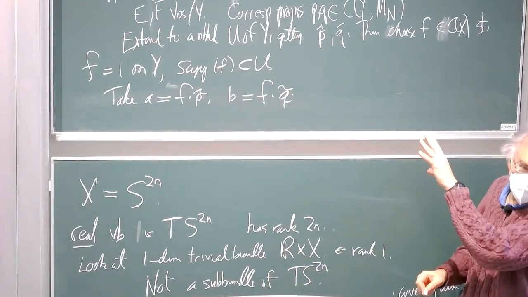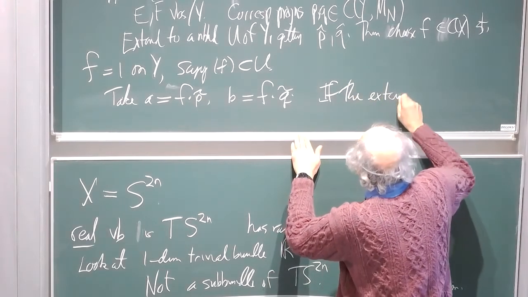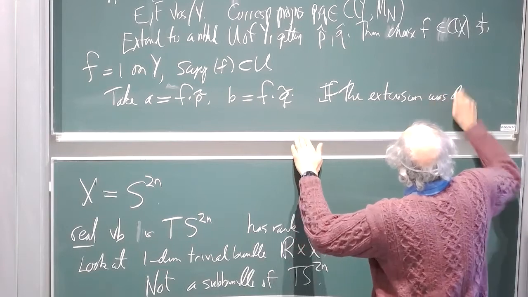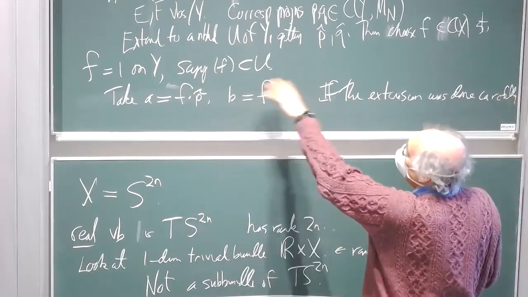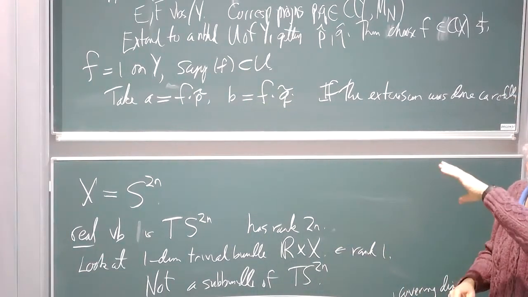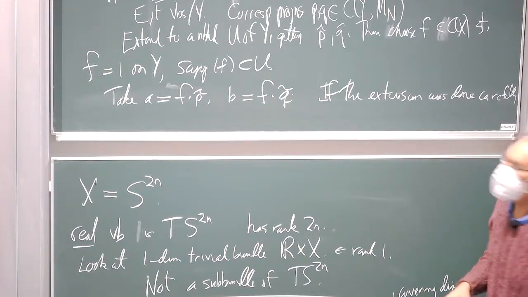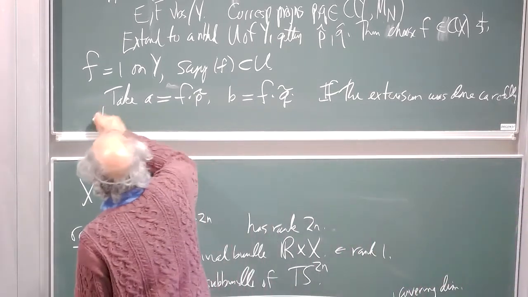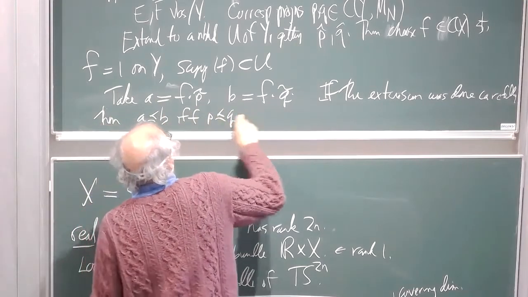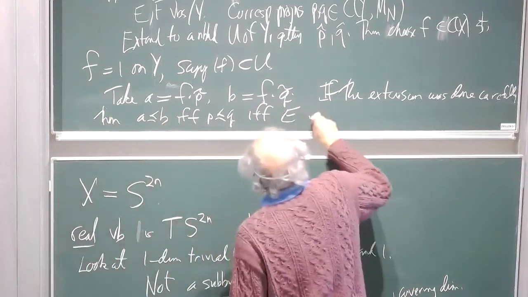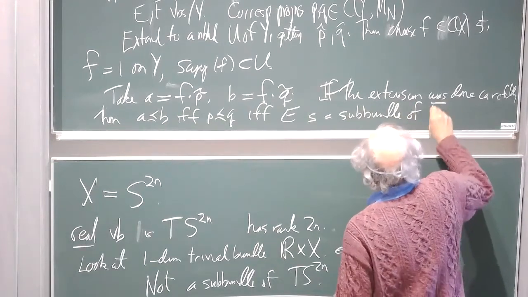And if the extension was done with reasonable care, right, I don't want to say that U contains some other set which is somehow separate from Y, and where I did something crazy with the bundles. Then A is subequivalent to B if and only if P is subequivalent to Q, which is if and only if E is a subbundle of F.